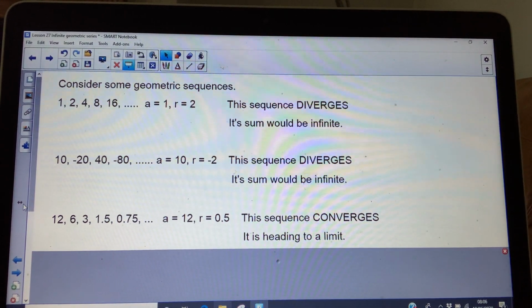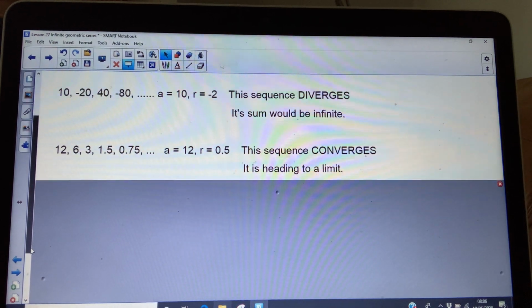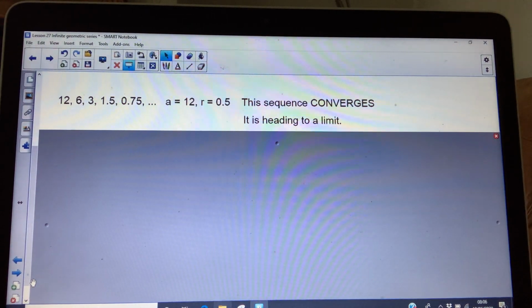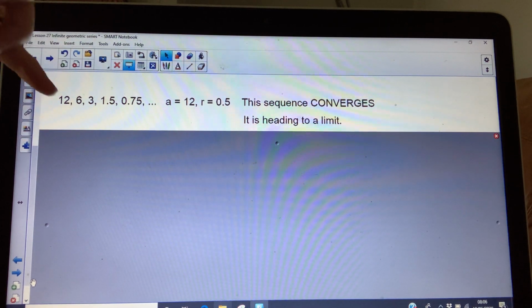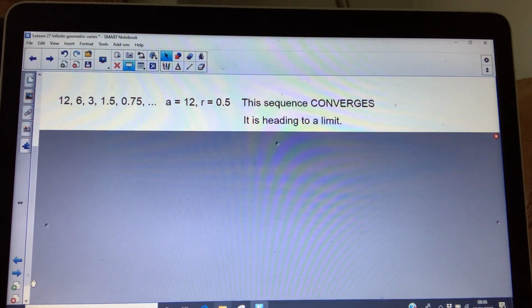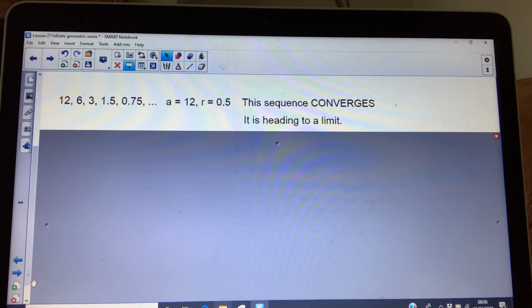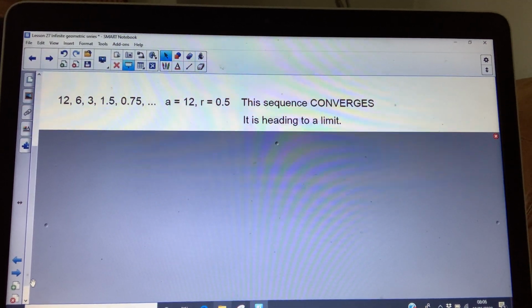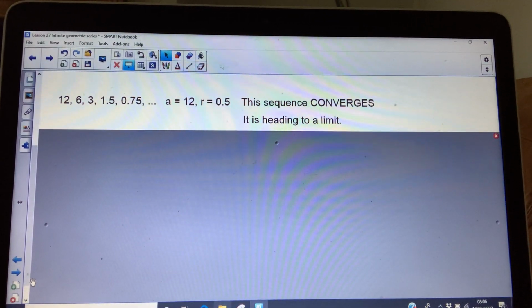However, this sequence here, its first term is 12 and your common ratio is 0.5. You can see that these terms are heading towards a limit. That limit is 0. And because this sequence is converging, you are going to be able to find the sum to an infinite number of terms.